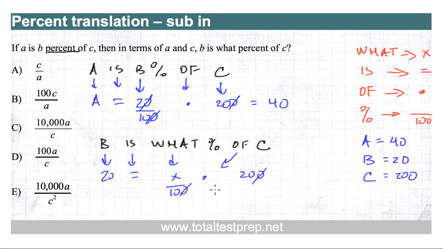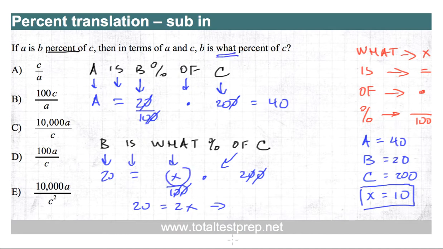We can reduce this like so. So the question then becomes 20 is equal to x times 2, or 20 is equal to 2x. And that tells us that x is 10 when you divide both sides by 2. What they're asking for is this unknown, the unknown we put in, and we got an answer of 10.